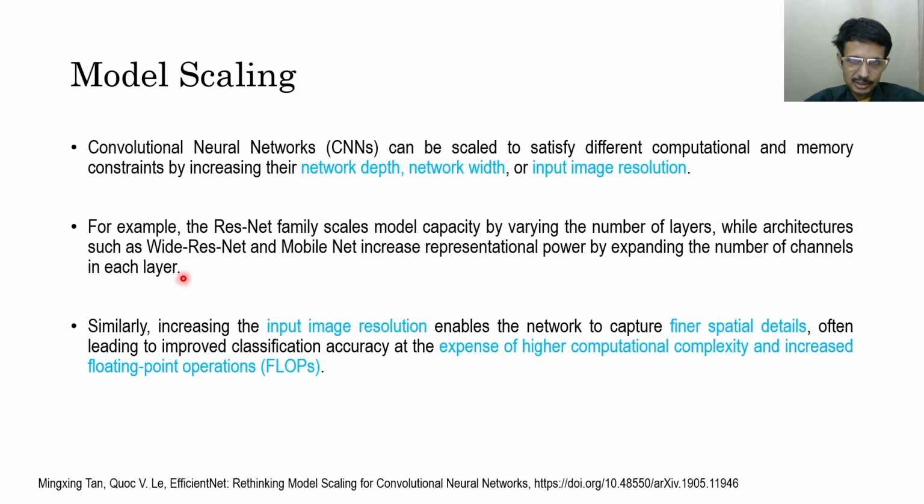So width, or channel. Similarly, increasing the input image resolution enables the network to capture finer spatial details, often leading to improved classification at the expense of higher computation and increased FLOPs, floating point operations. We have seen this in our previous model examples.